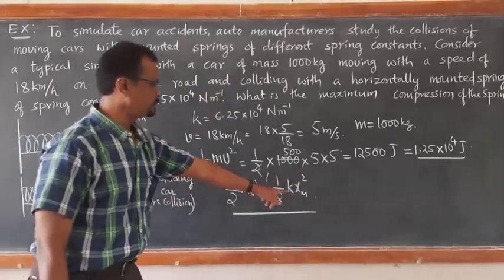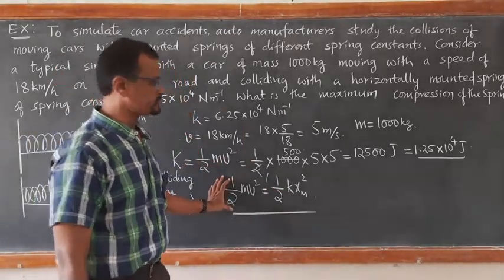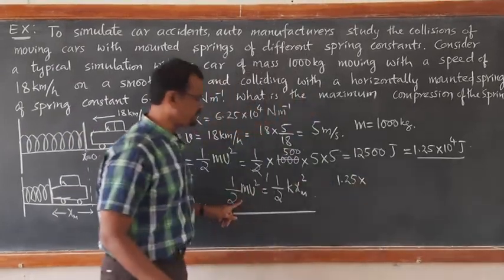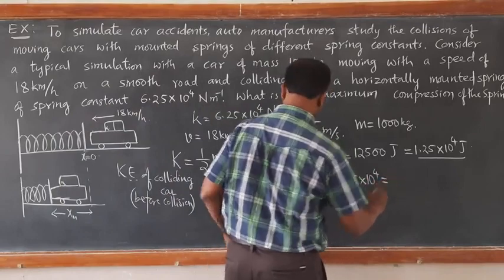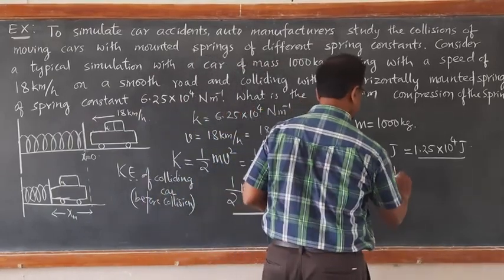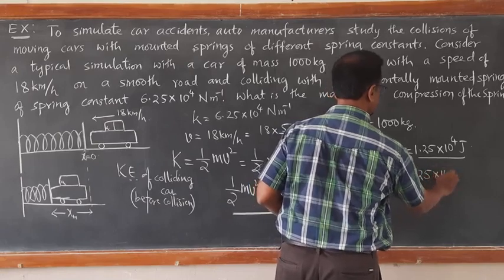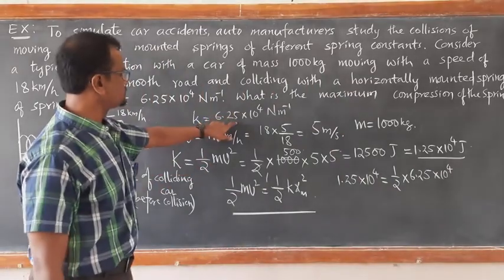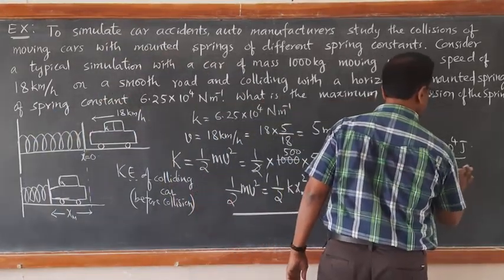K is given, so we can calculate xm. We have calculated already half mv square, so just substitute the value. 1.25 into 10 raised to 4 equals half into k, 6.25 into 10 raised to 4, into xm square.